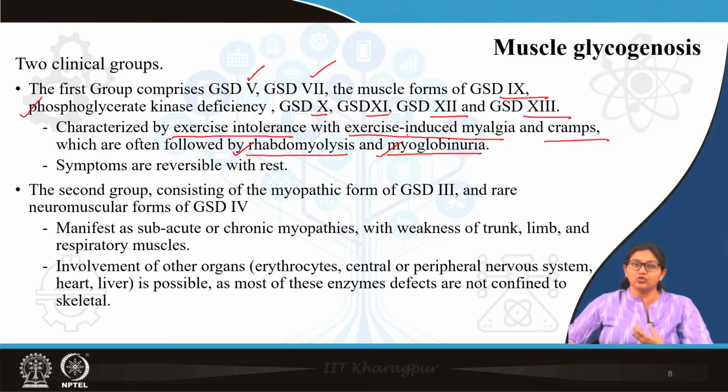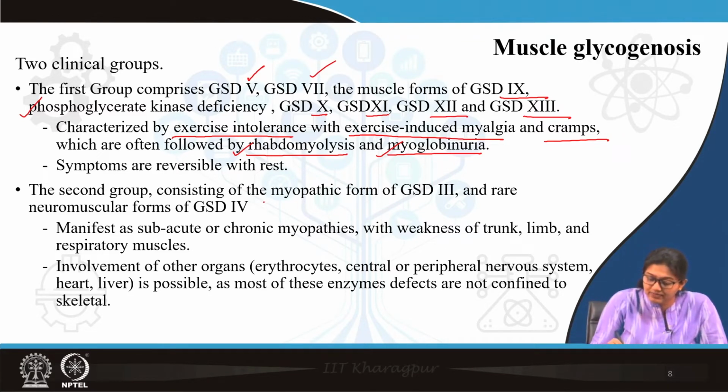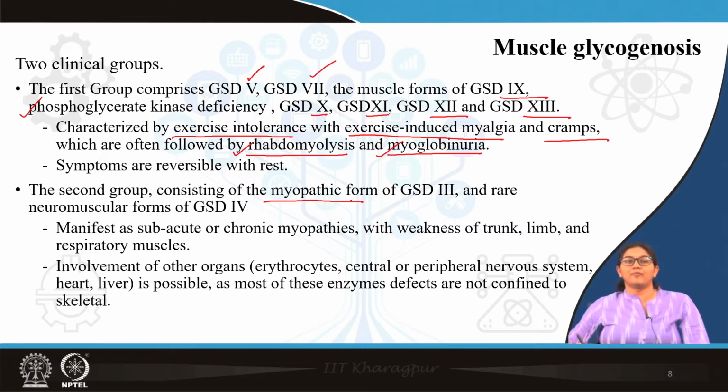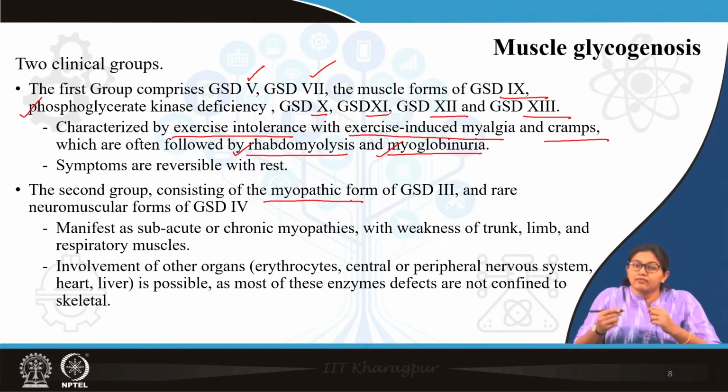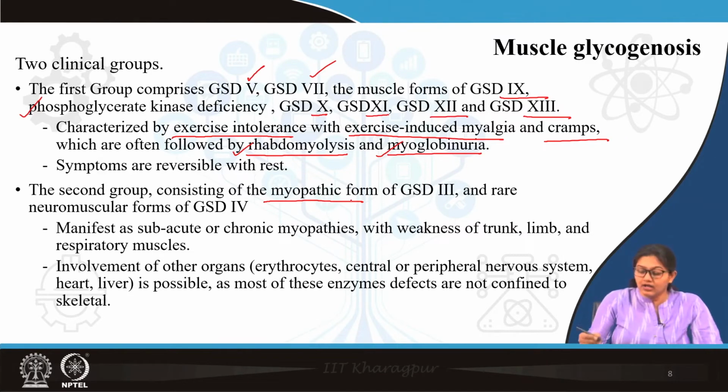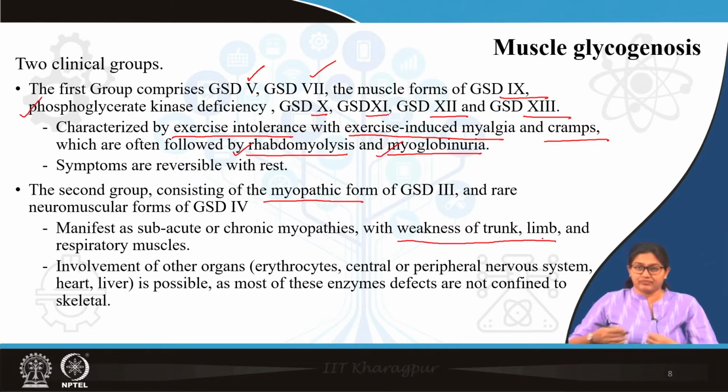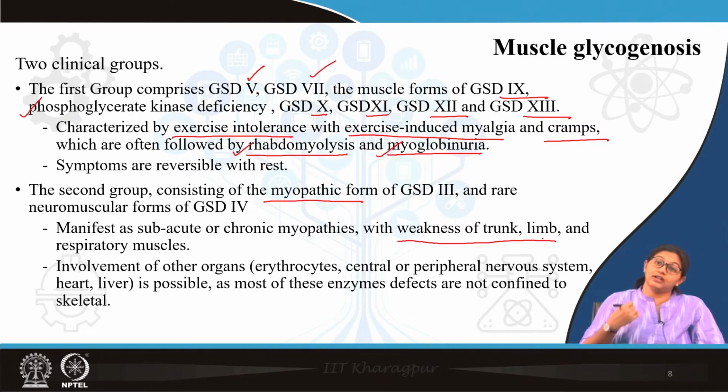Whereas in the second group, which are the myopathic forms, there are chronic or subacute myopathies and mostly a generalized weakness. These weaknesses are manifested in the body, limbs, and also in respiration. Respiratory muscles are also facing myopathies.